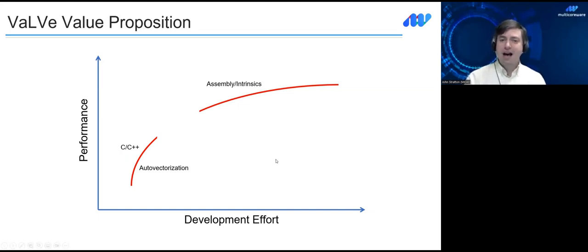And the whole point of Valve is, again, we're not going to beat the performance of assembly or intrinsics because obviously the library is just a higher level interface on top of those same assembly code operations and intrinsics.